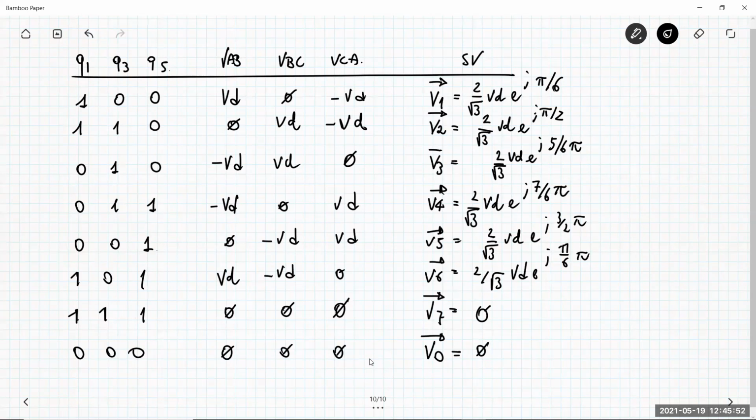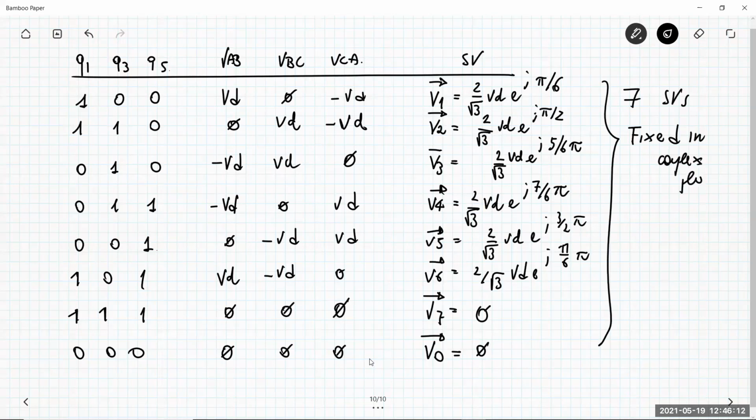Okay, so here you have 8 space vectors fixed in the complex plane, same magnitude.